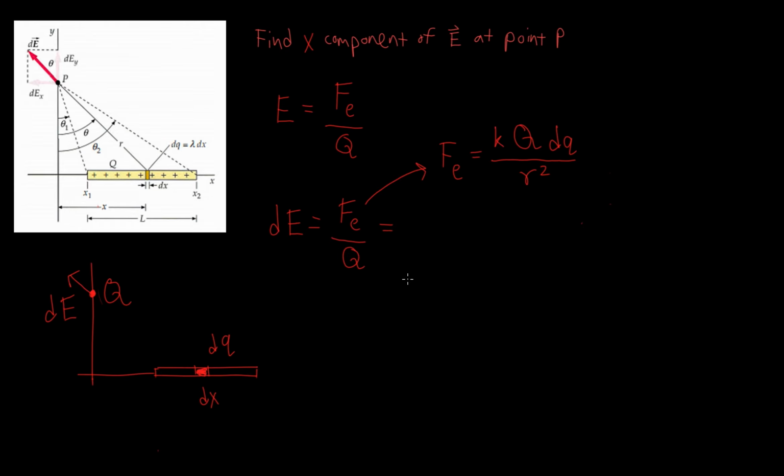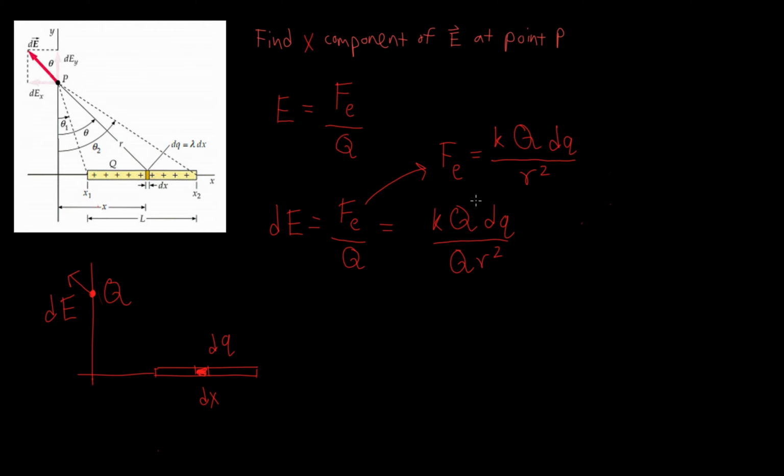And so if we divide F, the electric force between the two charges, by Q, what we get is Coulomb's constant times the charge at point P times dq divided by Q times r squared.